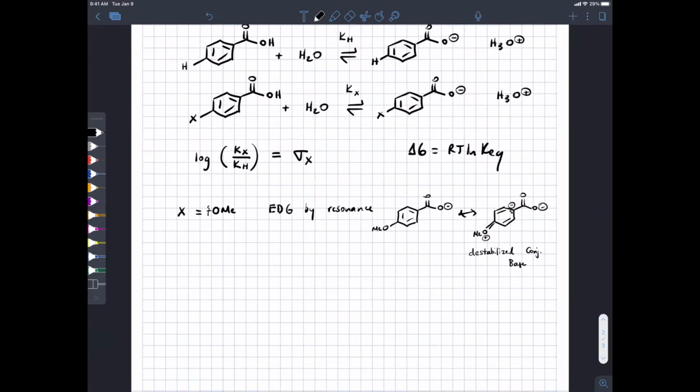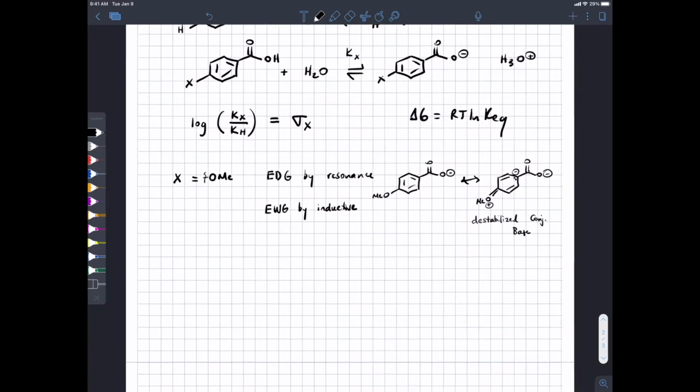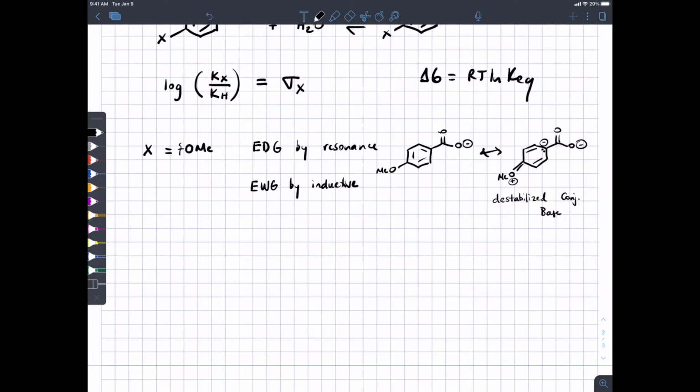Now, your expectations might be attenuated by the fact that methoxy is an electron withdrawing group by an inductive effect. That is, oxygen's electronegative, and so through the sigma bonds, it can pull electron density away from the ring. So you need to offset those two things in your consideration. But we can look at the numbers.